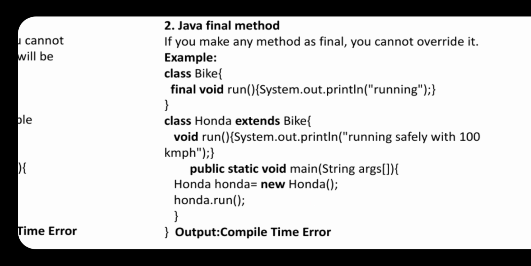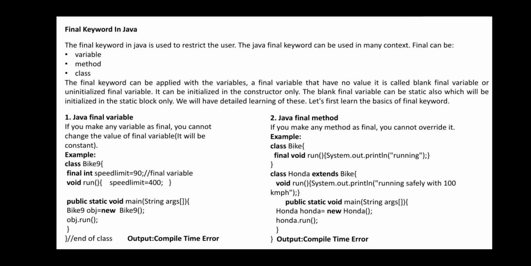It can't be overridden. If the final function's name is different and the Honda's function name is different, at that time you're going to get a correct execution. Here both the names are the same, and the return type is also the same. So for that sake you are going to have an error or a problem in the execution of this particular program. So this is all about your final variable as well as final method.